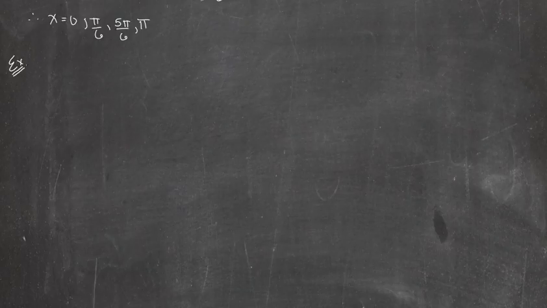All right, so find all solutions of sine x minus cos x equals 1 on the interval including 0 to 2 pi, not including 2 pi.